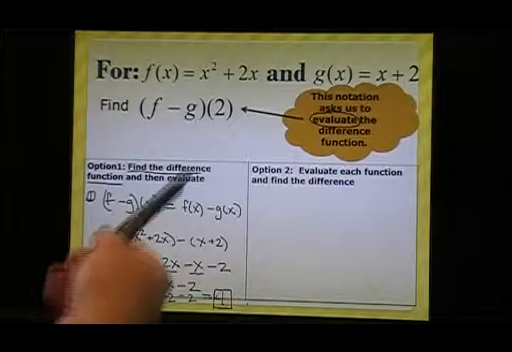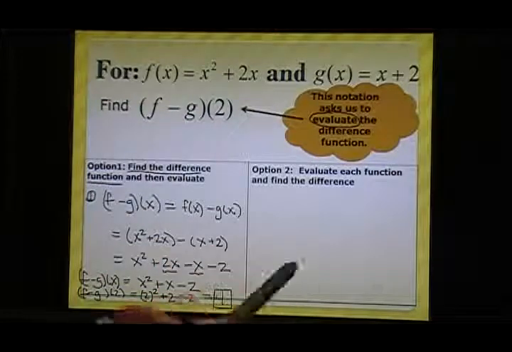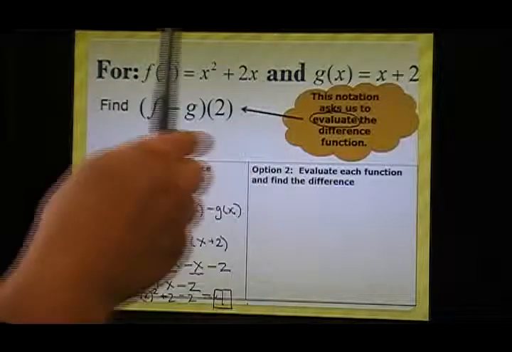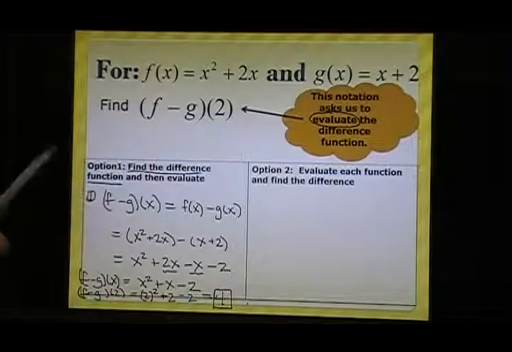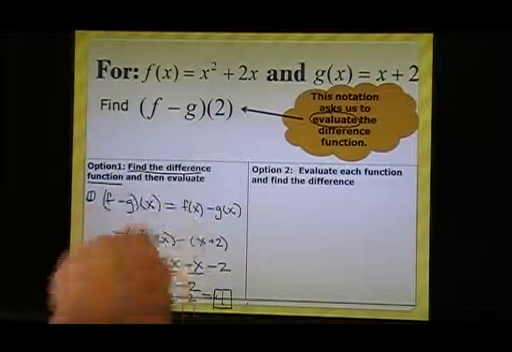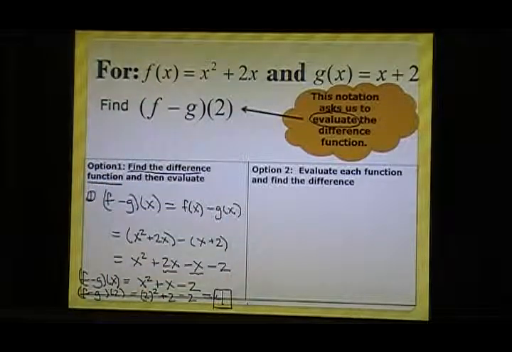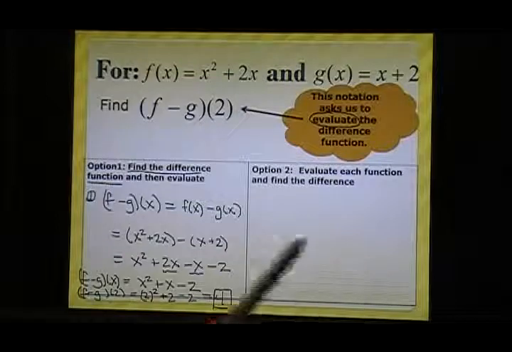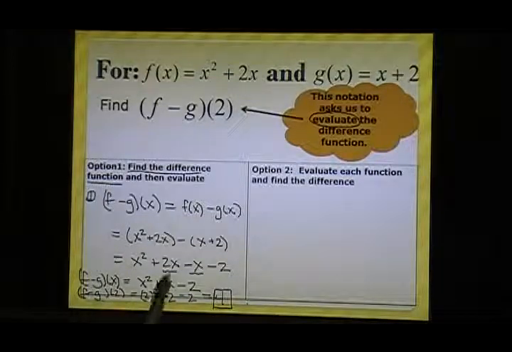When you're doing your homework, a lot of the questions are multi-part questions. So in part A, they may ask you to find the difference function, and in part B, they may ask you to evaluate. If they've already asked you to find the difference function, then it seems reasonable to just substitute into that function.